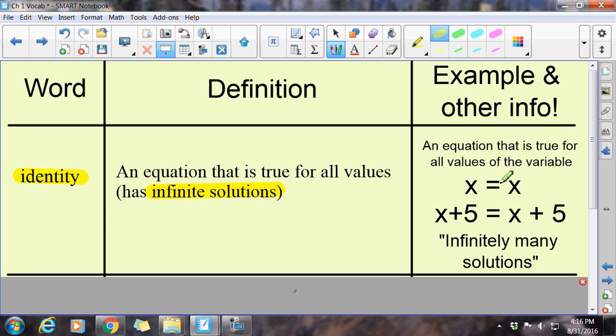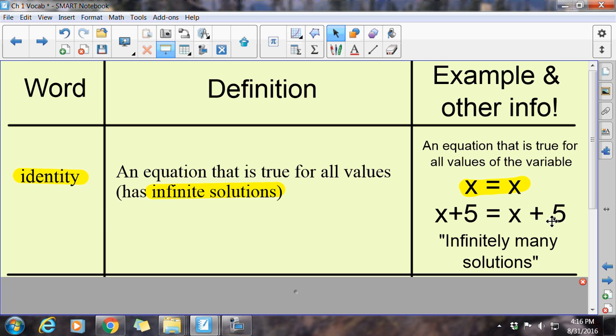So for example, this x equals x, this top one. If I put any letter in or number in for x, let me let x equal 0. Well, if I put 0 in here and I put 0 in here, 0 equals 0. It's true. Let me let x equal 1034. Well, 1034 equals 1034. They're the same thing.